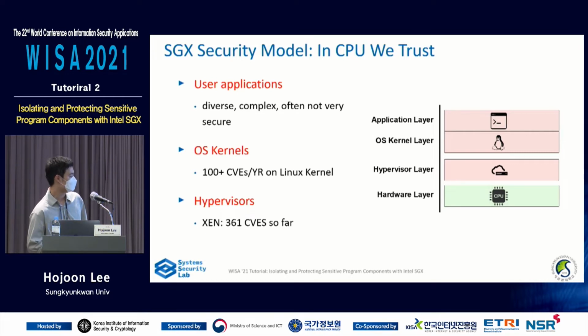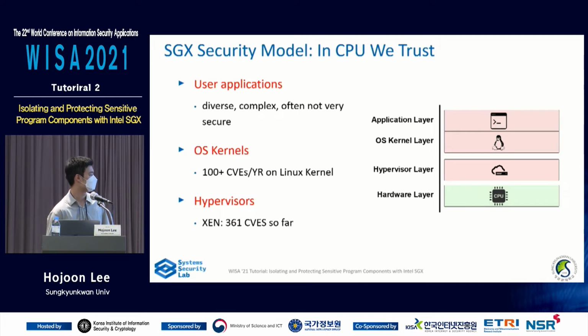The hypervisors are a little better because obviously they're smaller than the commodity kernels, but we are still finding hypervisor vulnerabilities every year. And in the case of a hypervisor, since a single hypervisor instance can manage the entire cloud machine, a vulnerability in the hypervisor can have huge ramifications.